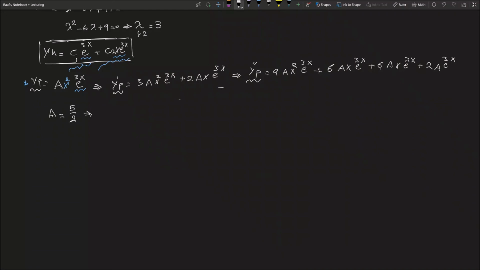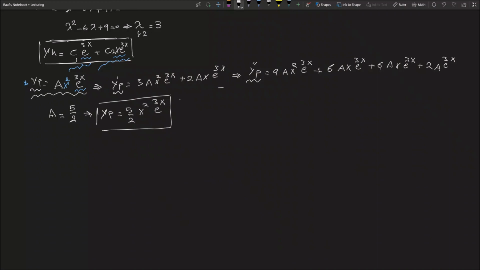From that we can say our particular solution equals 5 over 2 multiplied by x squared multiplied by e to the power of 3x. That's what I was looking for. So that's our particular solution for the equation.